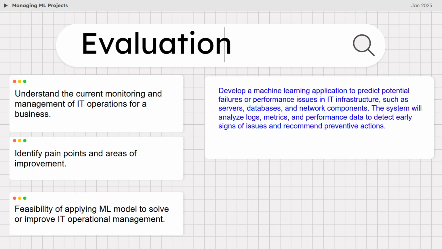Opportunity evaluation. I would start off understanding the current monitoring and management of IT operations in a business. The monitoring aspects would vary, right from the people that monitor databases to how the network engineers monitor the network to the server engineers, and it all would differ: how it is being tracked, how it is being logged, how it is being prioritized, and how things are seen in relevance.